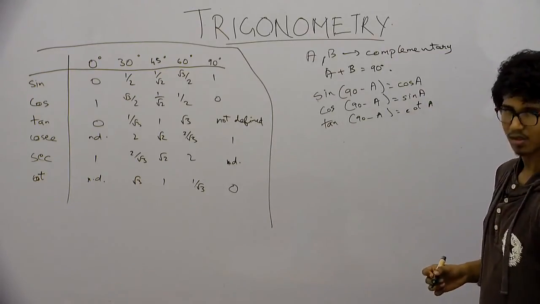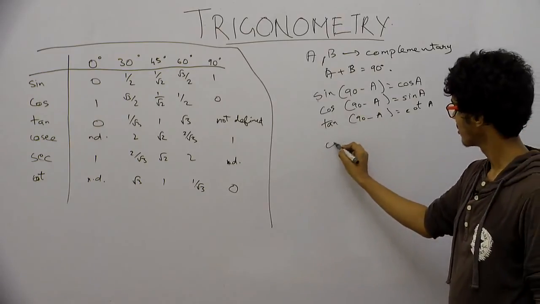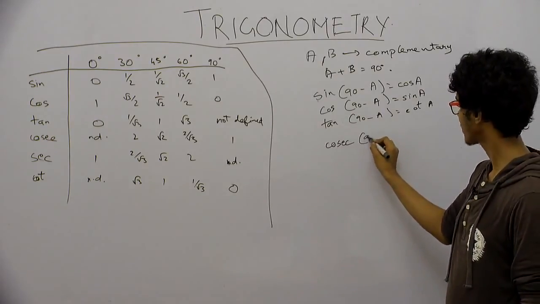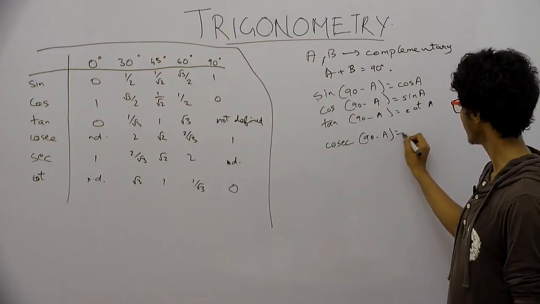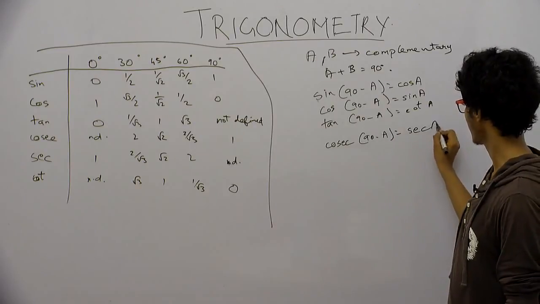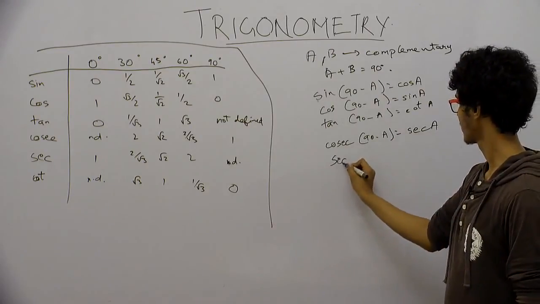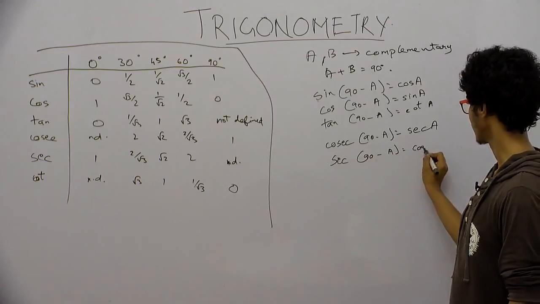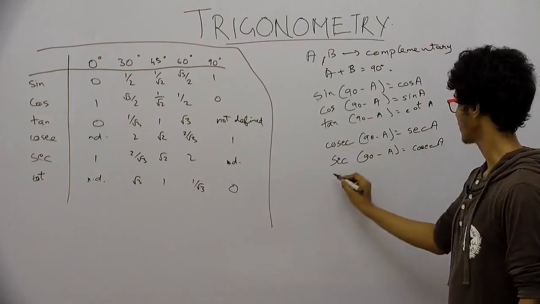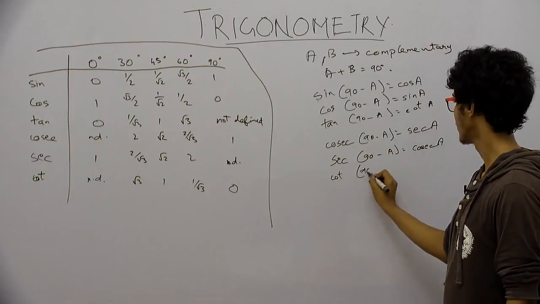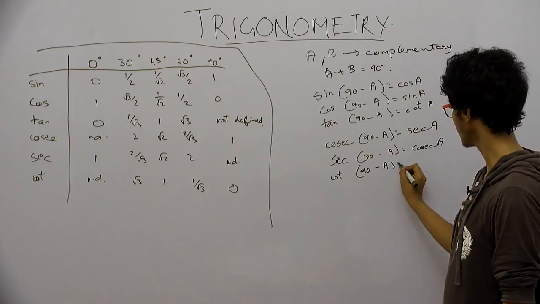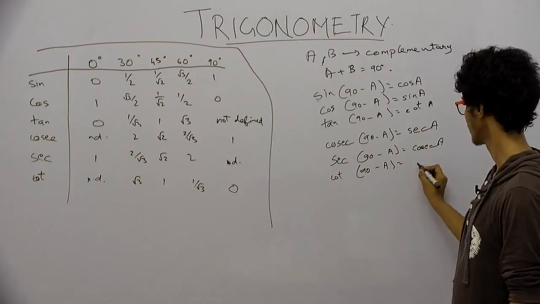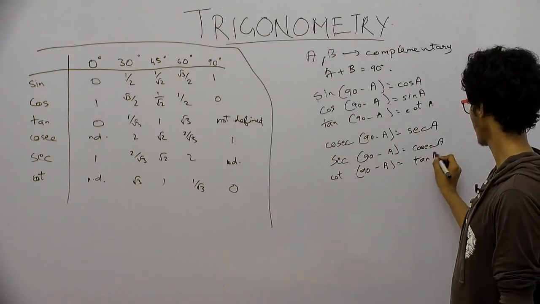And if we take the reverse of cos, we get cosec 90 minus A, which equals sec A. We get sec 90 minus A, which equals cosec A, and cot 90 minus A, which equals tan A.